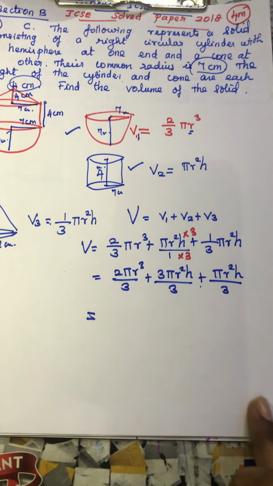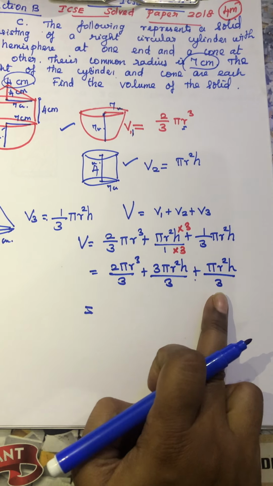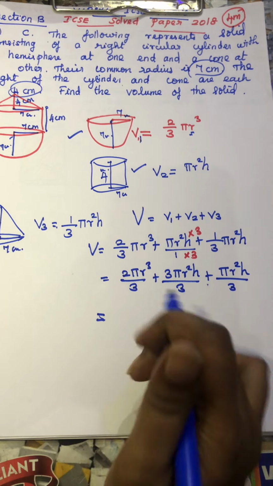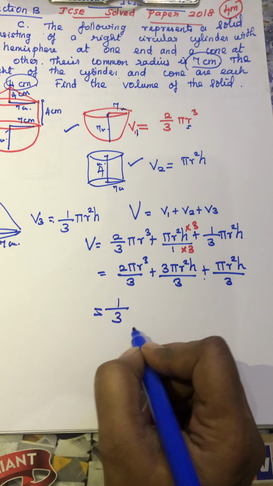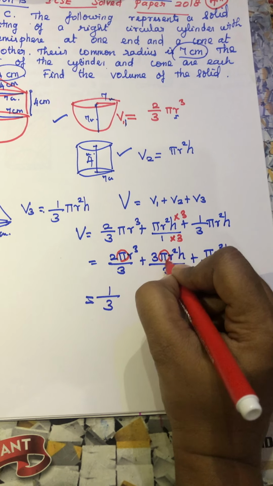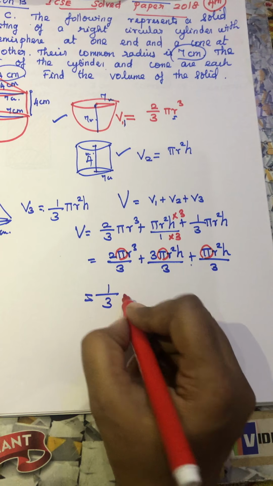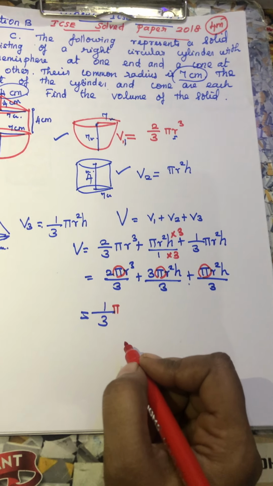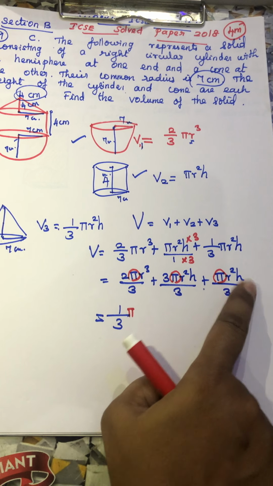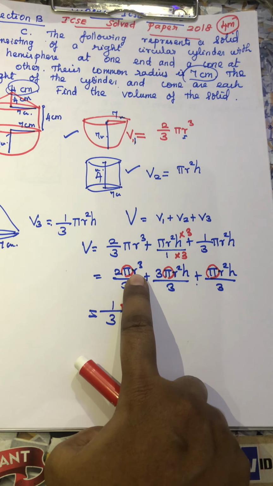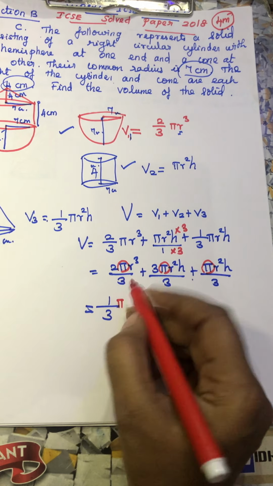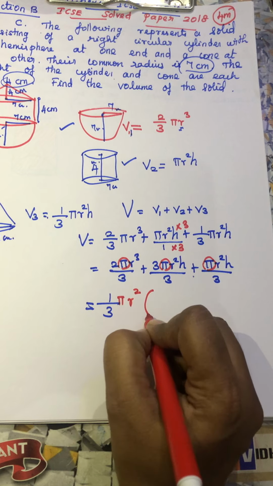Okay students, now you can take the 3 outside. What else can we take outside? We can take pi, as it is common. What about r? Only 2 terms have h, so you cannot take h outside. The smallest power of r is r square, so we can take r square outside.